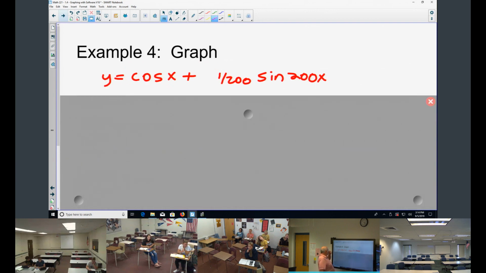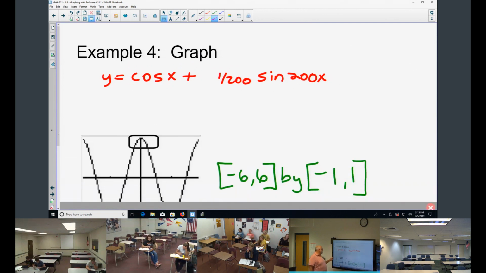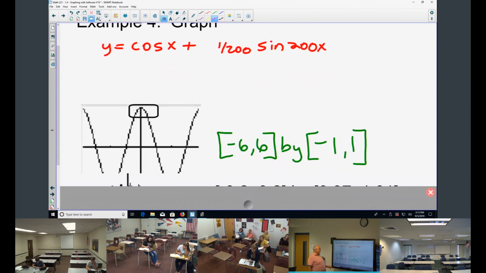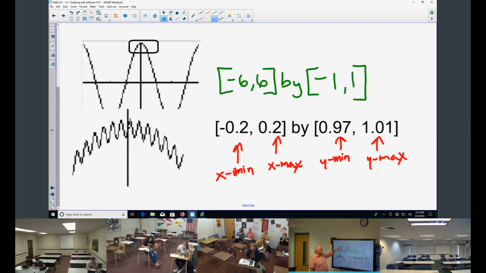All right. Now, let's say I'm wanting to graph cosine x plus 1 over 200 sine 200x. That's kind of a weird graph. And initially it looks like a normal graph. But what is happening is this sine 200x. If I zoom in on just part of the graph, I want you to see what this part really looks like when we zoom in.